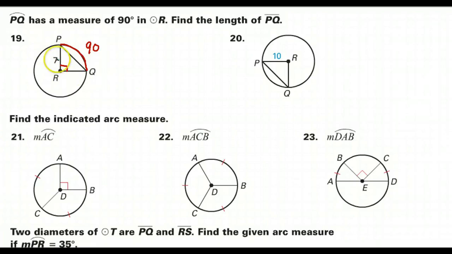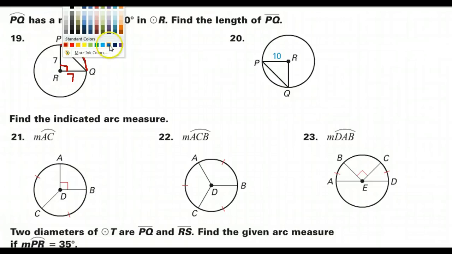So one radius, but here I have shown 2 radii. And radii are always the same. So if RP is 7, then RQ is also 7. So how about that? That helps me very much because I'm supposed to find the length of segment PQ.